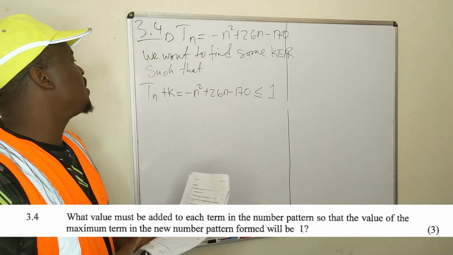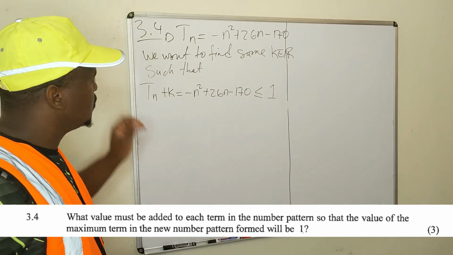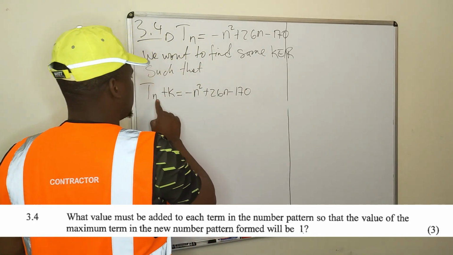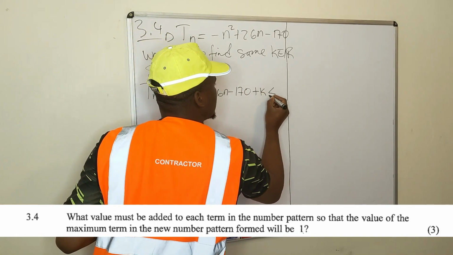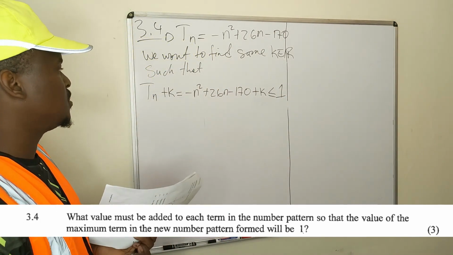So we want the maximum value of this pattern to be 1. So we should say Tn plus k, so it should be this plus k at the end to be less or equal to 1. This is what we want.